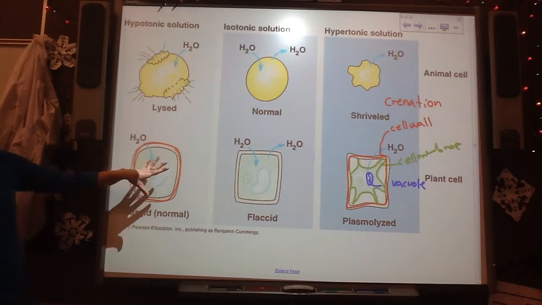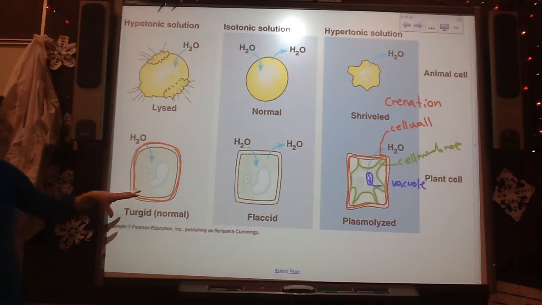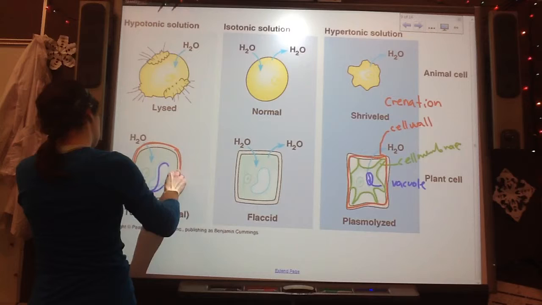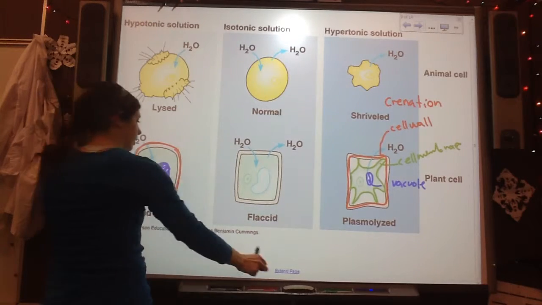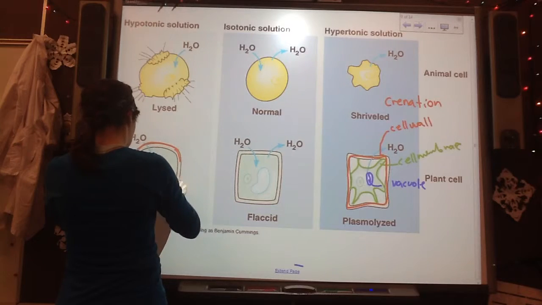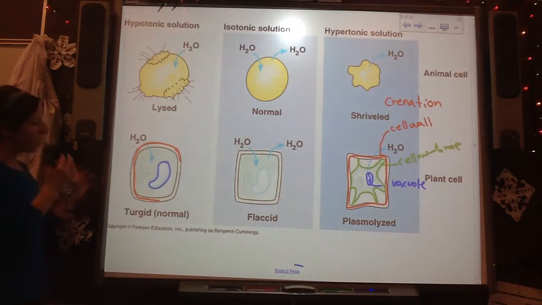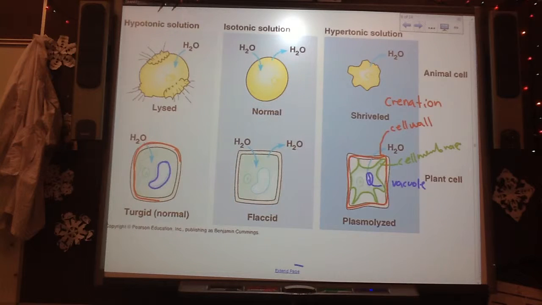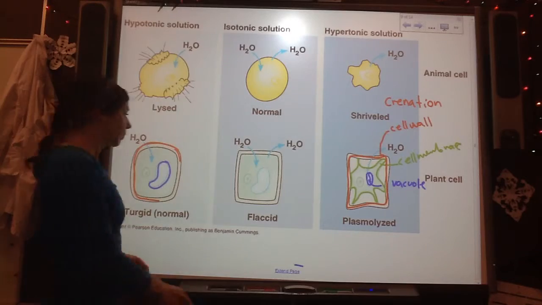Then here, we see with the cell, when it gets lots of water, we've got a good vacuole here. I kind of butchered that drawing. And we say that it's turgid when it's full, nice and big.